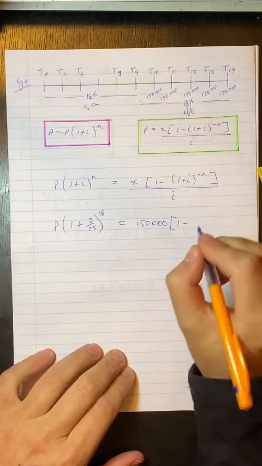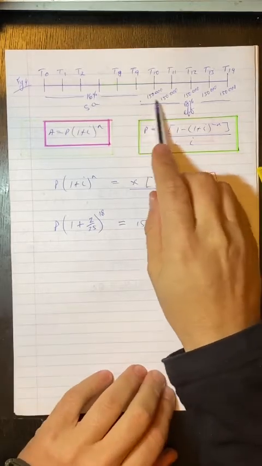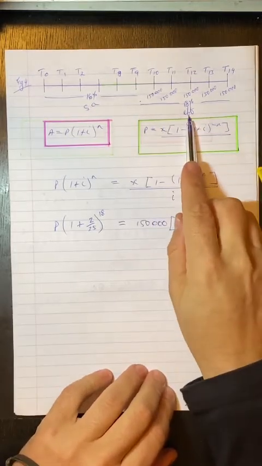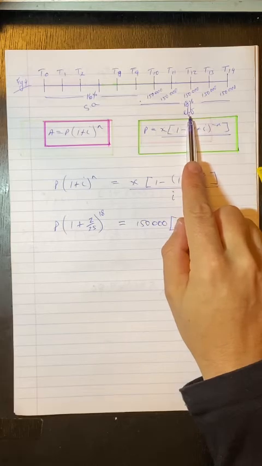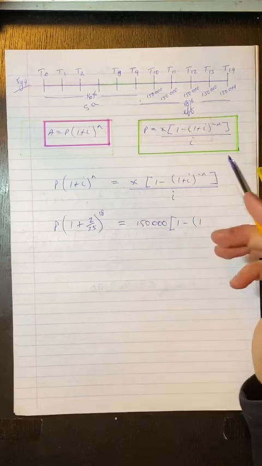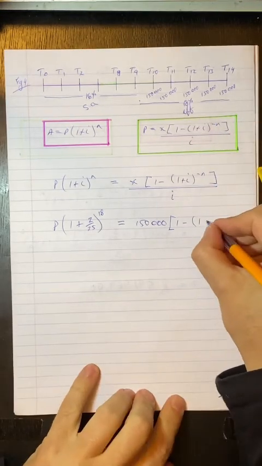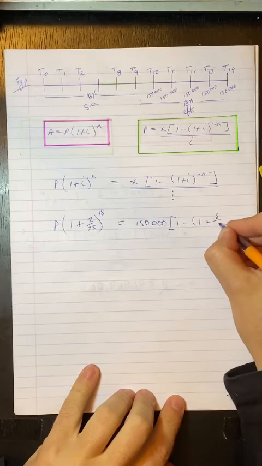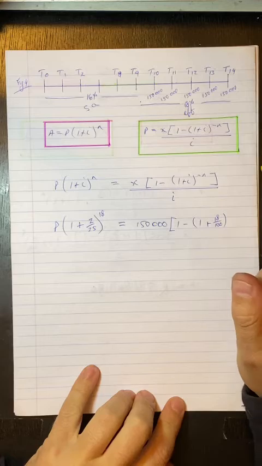1 minus. Now, here comes the tricky bit, because this part from here to here is our effective rate. And now, you remember what you did with the last video. The effective rate is actually the interest rate that's doing the work. So I don't have to convert that at all. So all I have to do is just say 18 over 100, because that is the interest rate that is actually doing the work.